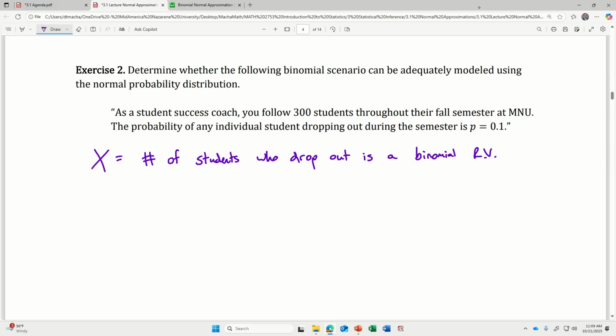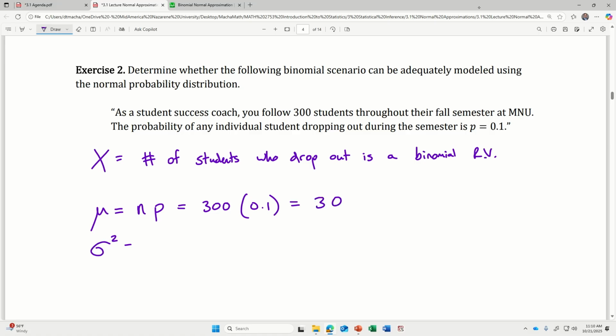And the question is, we know this is a binomial distribution, but could we adequately model it using a normal distribution? So we first want to calculate the mean, which is n times p. What is n? 300. What is p? 0.1. So that's going to be 30.